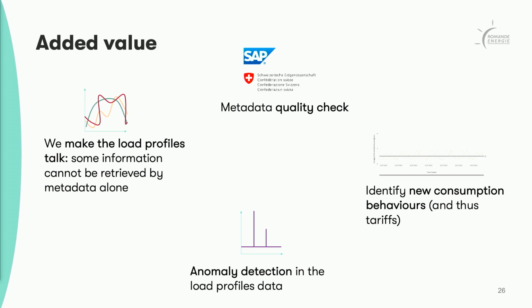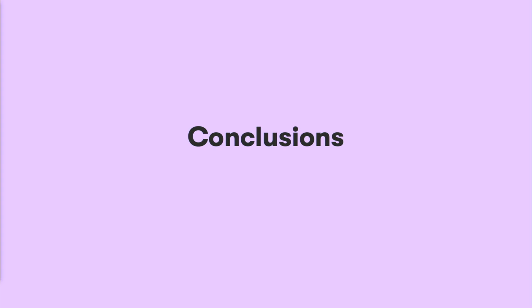For example, the heating is a bit complicated to analyze to see if it's correct, because it's coming from open data, and therefore sometimes it says there is electrical heating when in reality it's not the case. We can also do anomaly detection and identify new consumption behaviors.